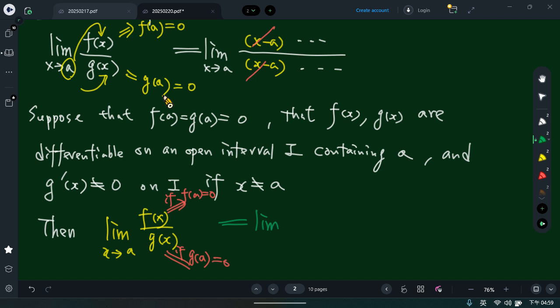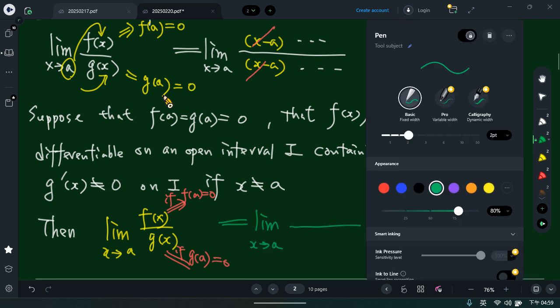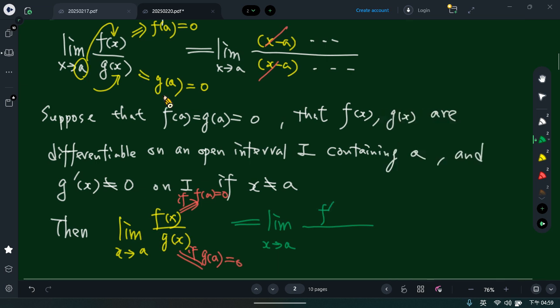Then try to differentiate f of x and g of x. Then you can find the result will be the same. So that means if in the beginning f of a is 0, g of a is 0 also, then try to differentiate f of x, then you can get f prime of x. And also try to differentiate g of x, then you can get g prime of x. You can just try this way.